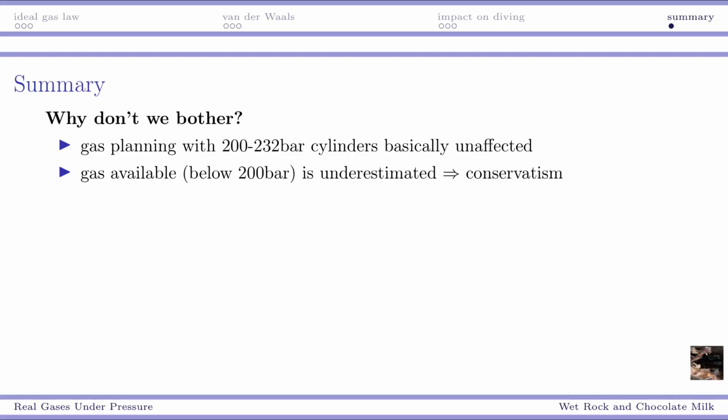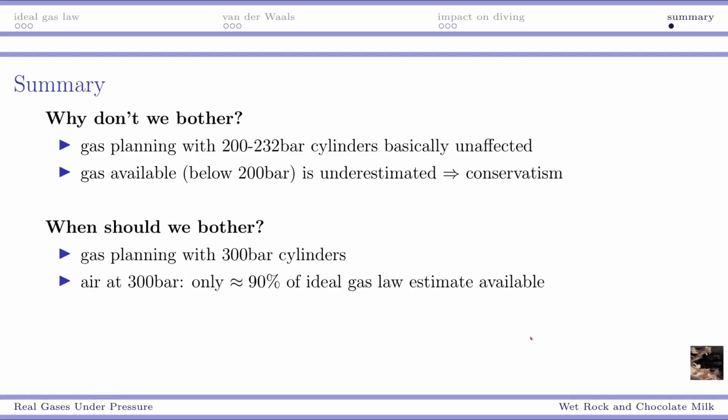For recreational diving, I don't think we really need to bother. Now, if we're looking at 300 bar cylinders, then we kind of do need to bother, as a 300 bar cylinder with air really only has roughly 90% of the gas available that the ideal gas law would predict. Now, I do have 300 bar cylinders, and I have to admit I never use van der Waals to actually do the computation.